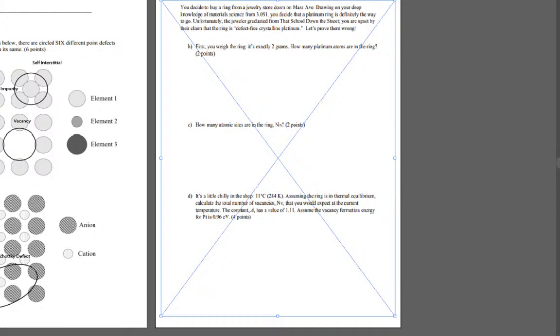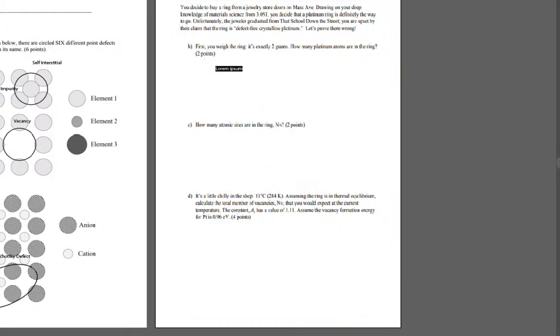Okay, so how do you actually solve this? First thing that I see is that you want to convert from the mass into numbers of atoms. To do that, you need to find out the MR of platinum, which is something that I don't memorize, but you can just look it up on your periodic table.